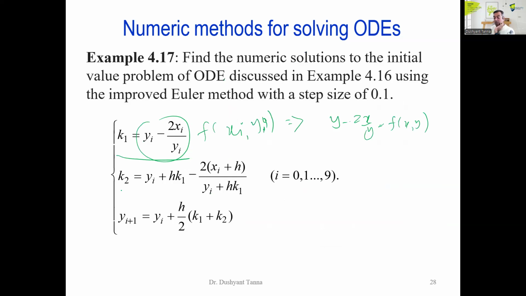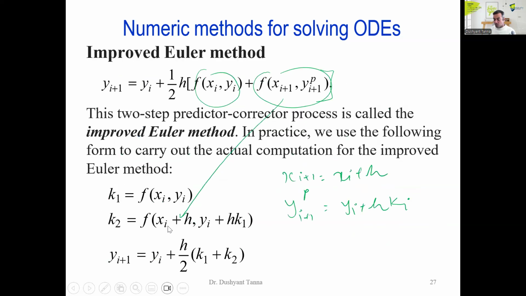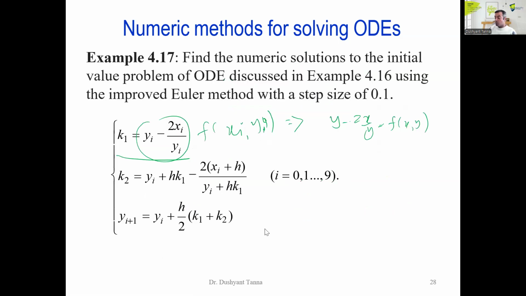K2, what is K2? Again, come back here. K2 is the improved part: x_i plus h, and your new y, y_i plus h k1. So wherever you find your y, that is y_{i+1}, right? This is the same thing: the y part, minus 2 times the x part, but x is x_i plus h.